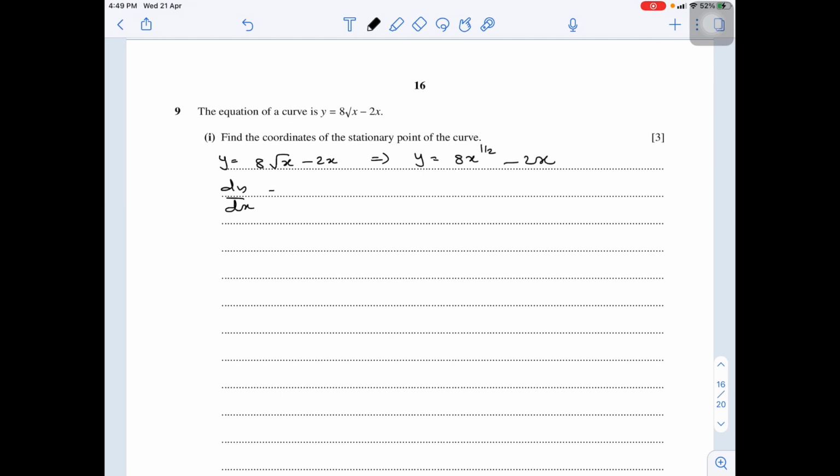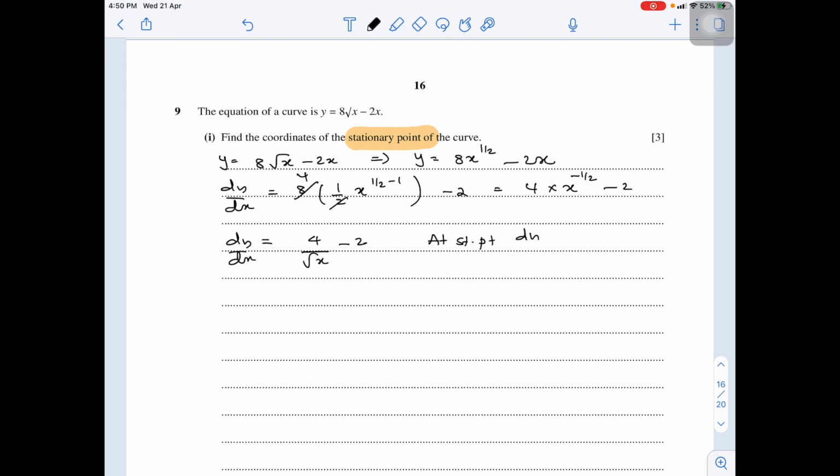I can rewrite it as y equals 8x to the power half minus 2x, which makes it easier to differentiate. So dy over dx equals 8 times half x to the power half minus 1, minus 2. That becomes 4x to the power negative half minus 2. So dy over dx is 4 over root x minus 2.